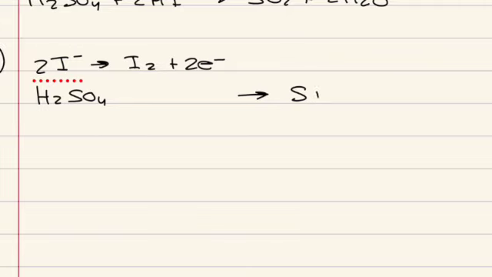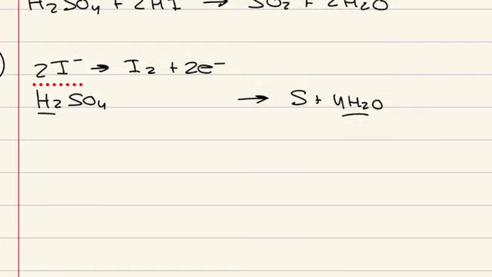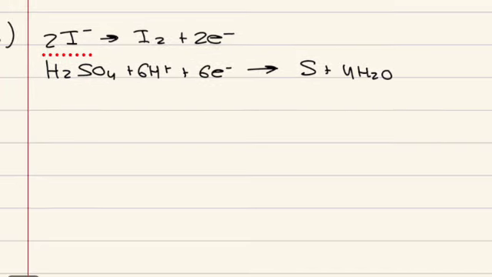So now we're going to balance out the oxygens by putting 4 waters on this side. And we're going to balance out the hydrogens because we have 8 over here and 2 over here by putting 6H plus. Now we're going to balance out the charge because we have a charge of 6 plus here and 0 over here by adding 6e minus to cancel out the charges. So there's 0 over here and 0 over here.